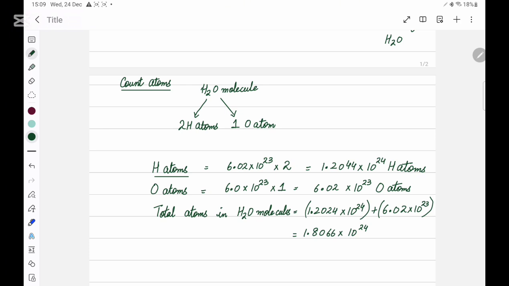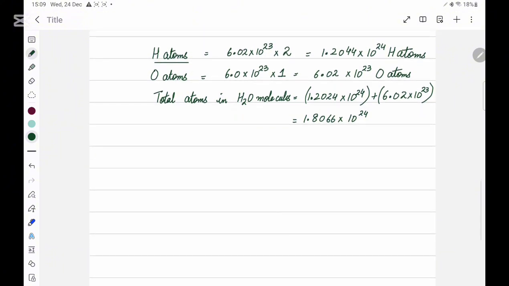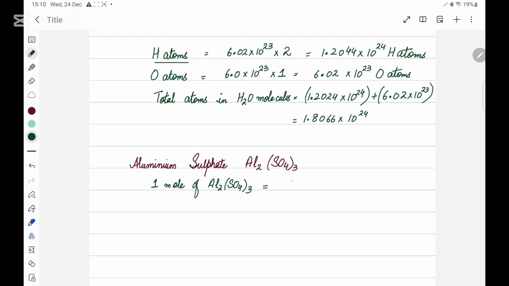Now we have an ionic compound, aluminium sulfate, and it has the formula Al2(SO4)3. Now we have 1 mole of aluminium sulfate, and as it is an ionic compound, we use the formula mole times Avogadro's number.